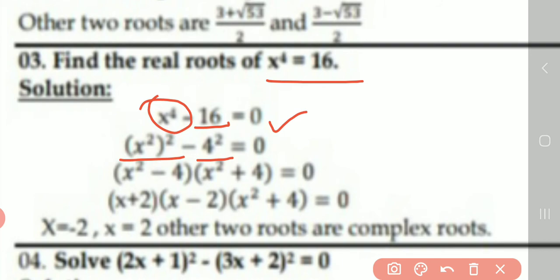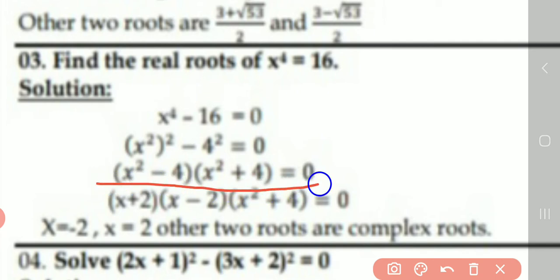So now we have the form a² − b². a² − b² can be written as (a + b)(a − b). Here a is x² and b is 4. So (a + b)(a − b) = 0.